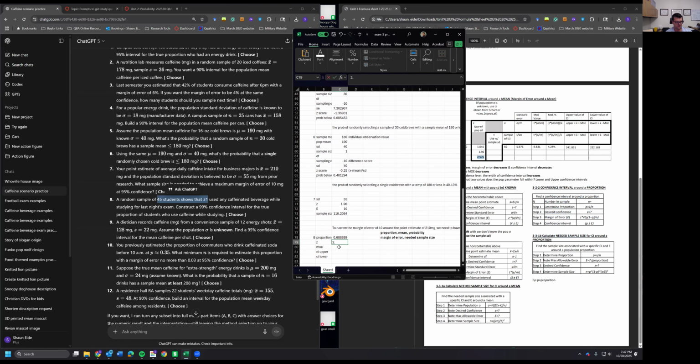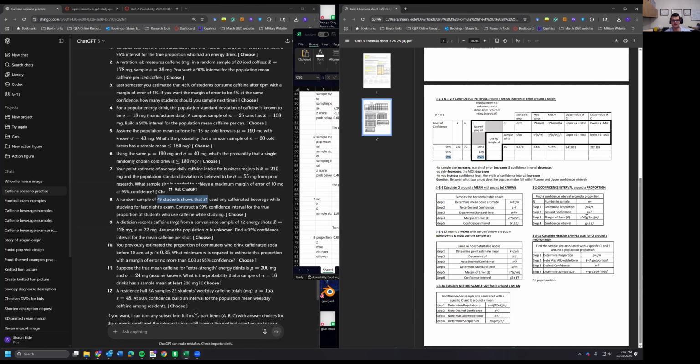So 2.576. Then what's the margin of error? So we're just going to follow these steps for the margin of error.